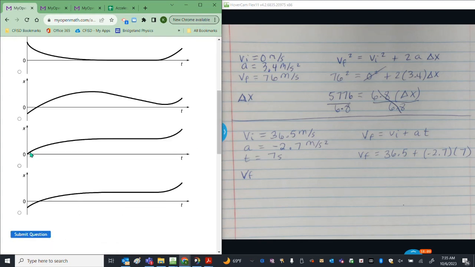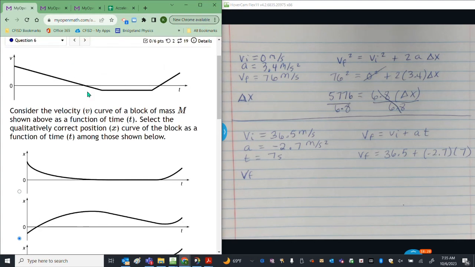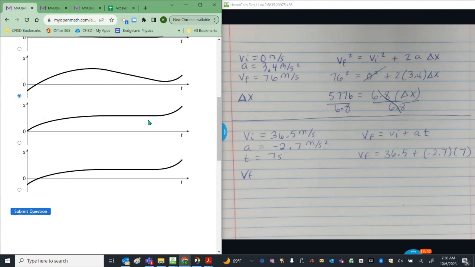These two right here, they flatten out, but they never go backwards. The slope never turns negative, which means it has to be this one. That's the only one left. It goes forward, slows down, stops somewhere up here, and then goes the other direction, and then changes direction again at the end. But that one has to be my answer because of this right here. It's the only one that shows it actually going backwards.